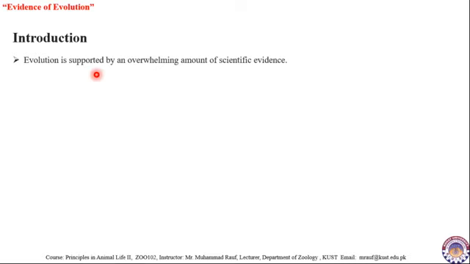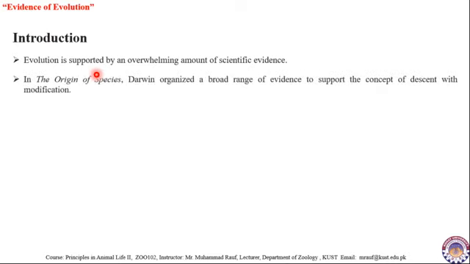Evolution is supported by an overwhelming amount of scientific evidence. Darwin in 1859 formulated all his findings and presented his theory of evolution by means of natural selection, and supported this theory by a broad range of evidences.